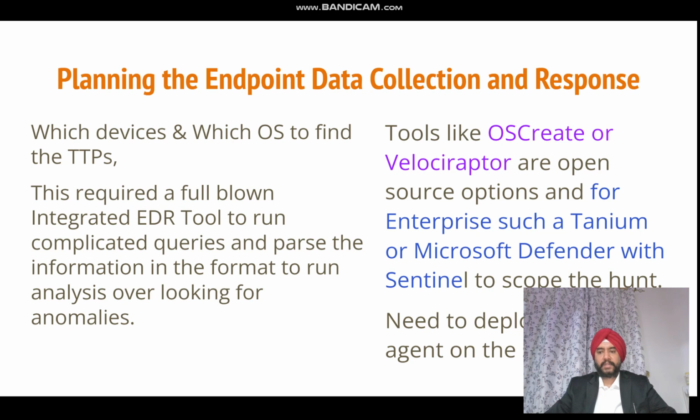So, for example, tools like OSQuery and Velociraptor are the open source options. But for enterprise, just for example, Microsoft Defender with Sentinel can help to create the scope for the hunt. And some of the enterprises are using it.